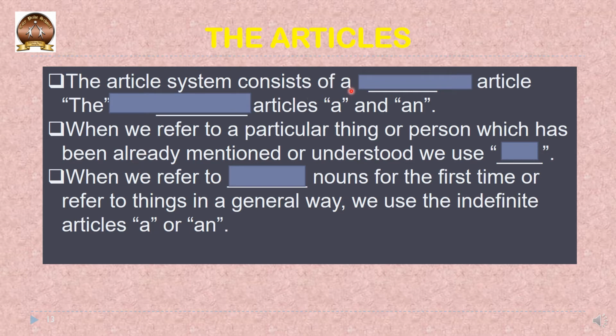The article system consists of a specific or definite article, "the", and the unspecific or indefinite articles "a" and "an". When we refer to a particular thing or person which has been already mentioned or understood, we use "the". When we refer to singular nouns for the first time or refer to things in a general way, we use the indefinite articles "a" or "an".